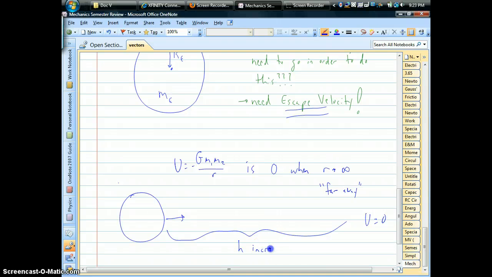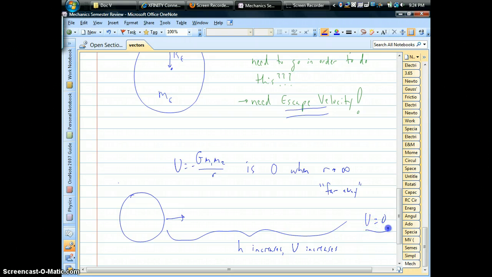So as your height increases, U increases. Okay, it's just like mgh. The higher you go, the more potential energy you have. Okay, that still holds true. Now the thing is, what that means is that the highest height you can be above the Earth is far away, or infinity.